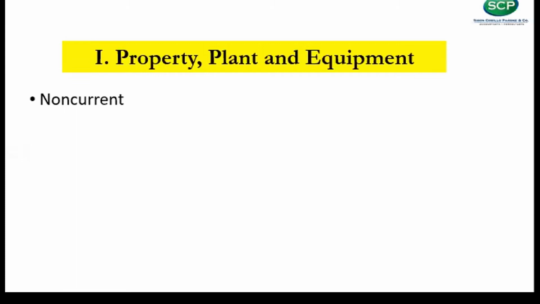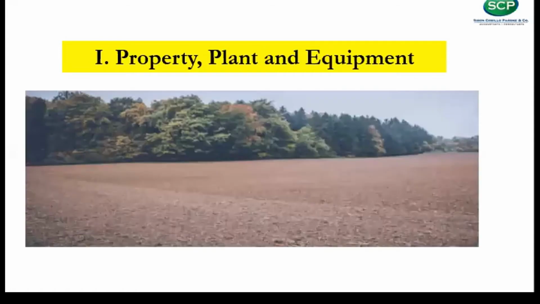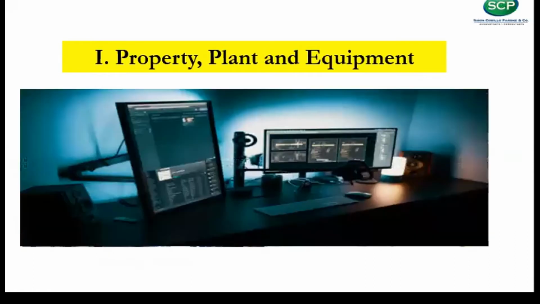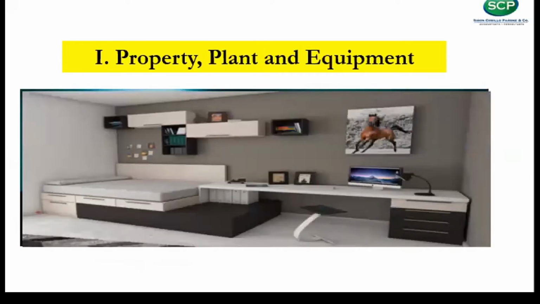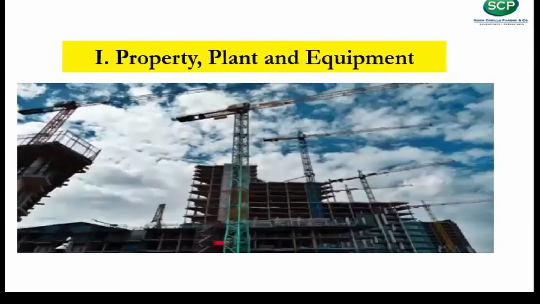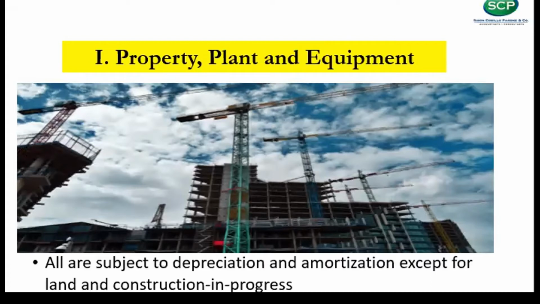Typical examples of fixed assets are land, building, machinery and equipment, computer equipment, furniture and fixtures, transportation equipment, and buildings or structures that are currently under construction, which are also known as construction in progress. All fixed assets are subject to depreciation and amortization, except for land and construction in progress.